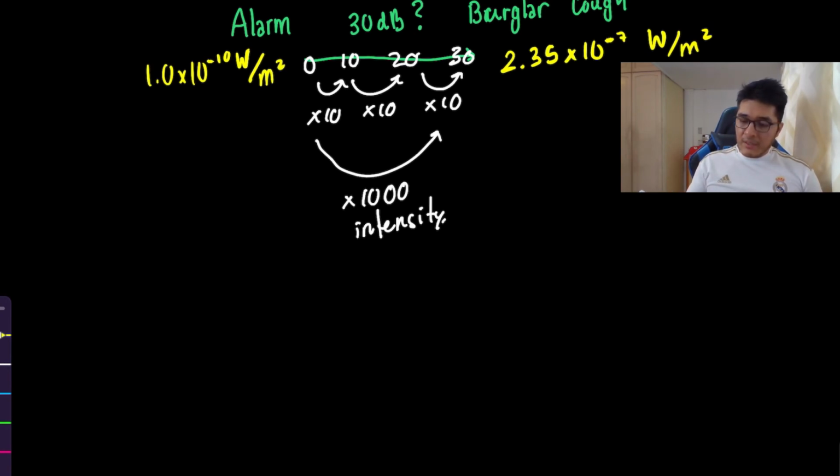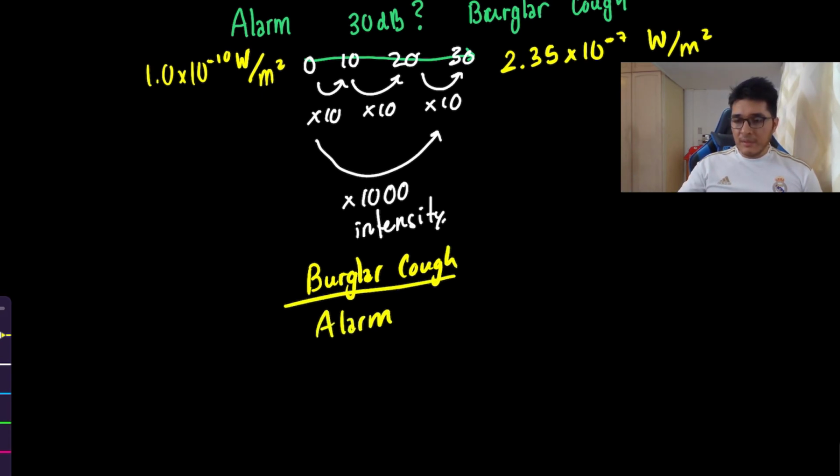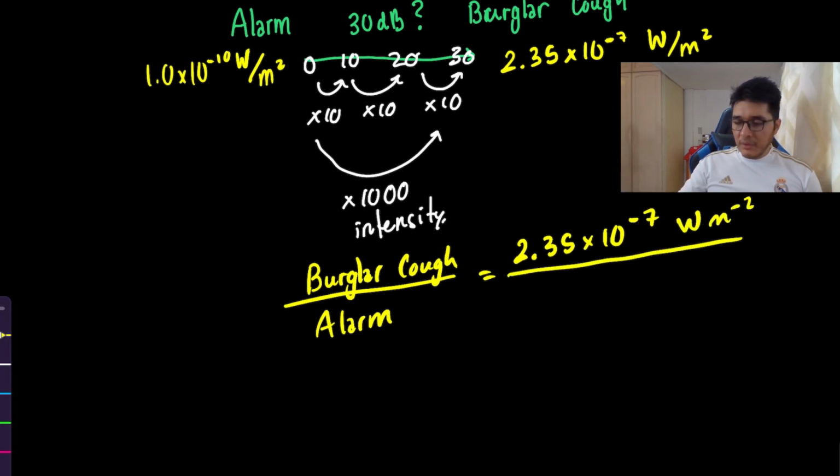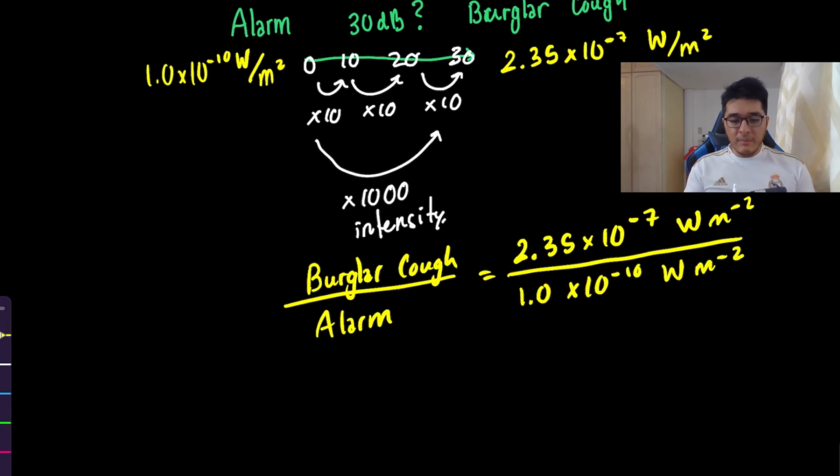So let's take the ratio of the burglar's cough with the alarm threshold. So this gives us 2.35 times 10 to the power of negative 7 over 1.0 times 10 to the power of negative 10 watts meter negative 2. So let me calculate this.